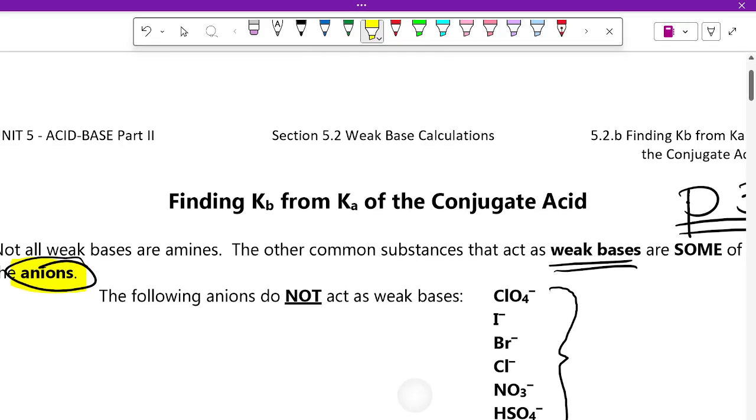Does that list look familiar at all? If you say I, Br, Cl, NO3, HSO4, do all of those have something in common? They are weak bases? No, they're not weak bases because they do not act as weak bases.